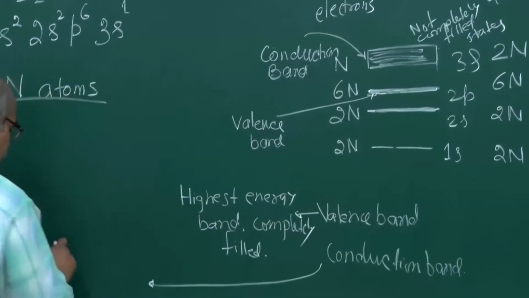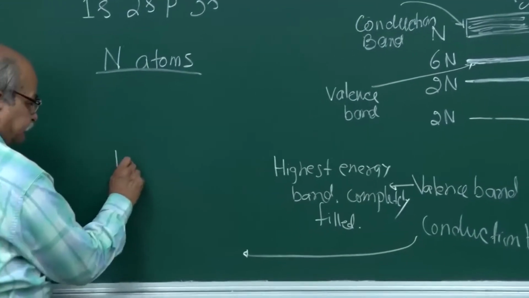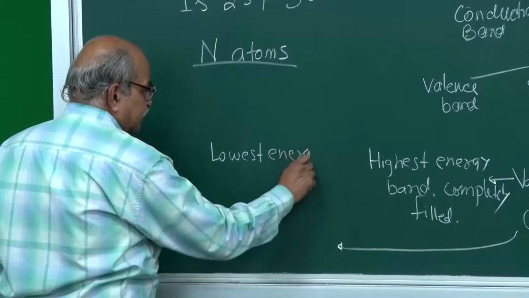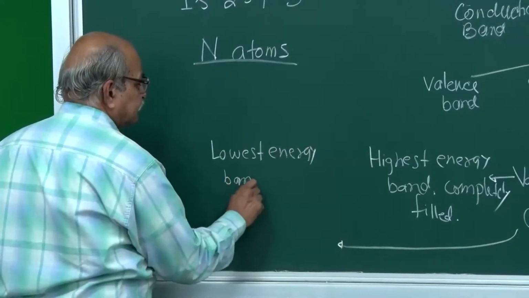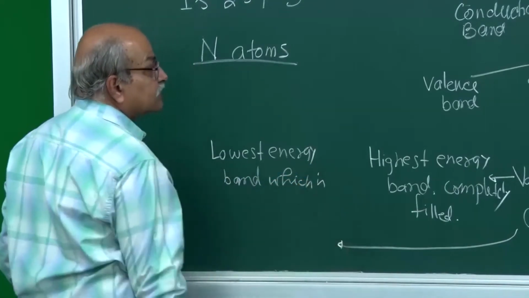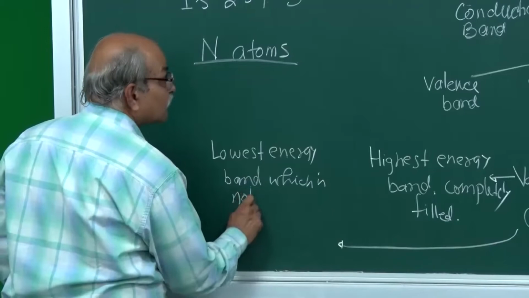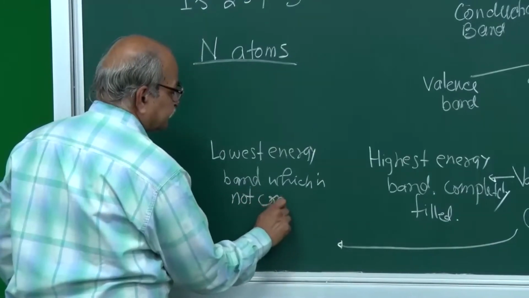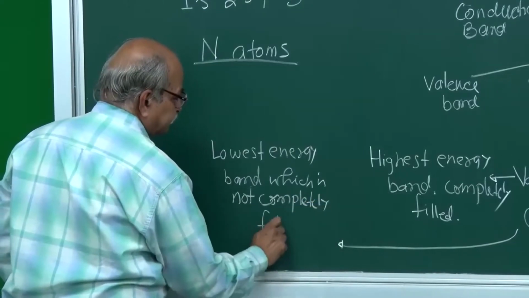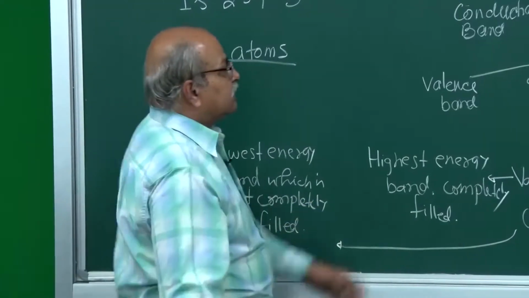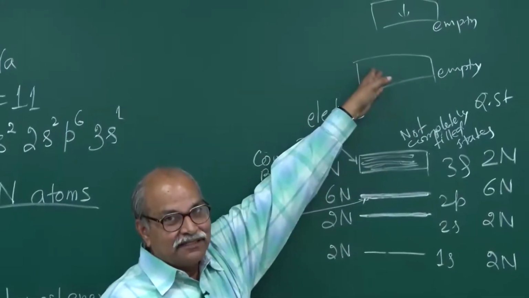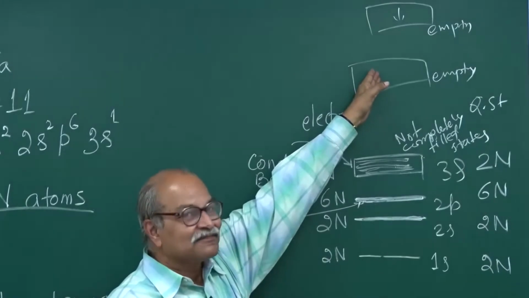So, we have the lowest energy band which is not completely filled. This is also not completely filled, it is completely empty, but certainly you can call it not completely filled.